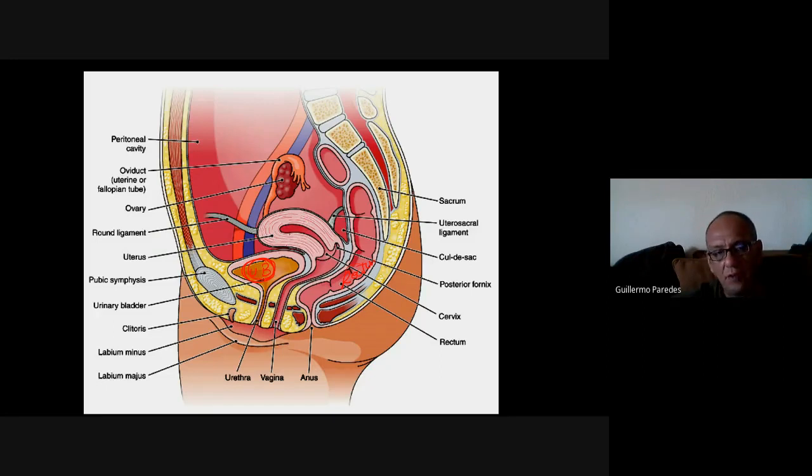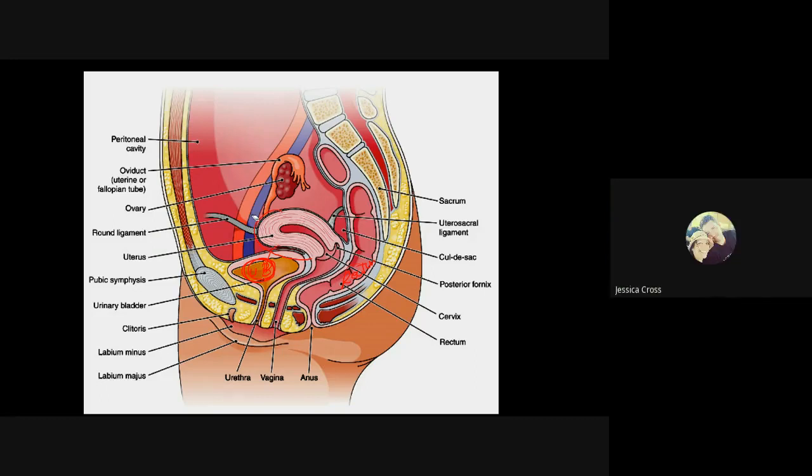If you pay attention here, the uterus uses the urinary bladder as a pillow, laying down over it. So when you get pregnant, the uterus starts to enlarge, and this enlargement compresses the urinary bladder. That's why you want to pee more often. You okay with that? Yes.